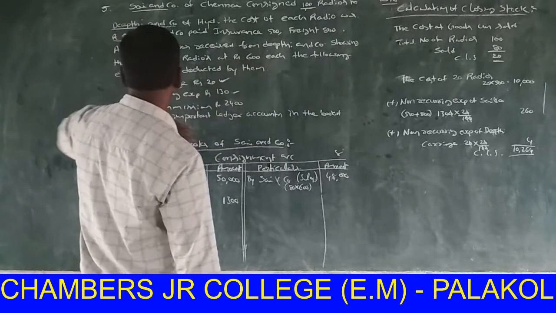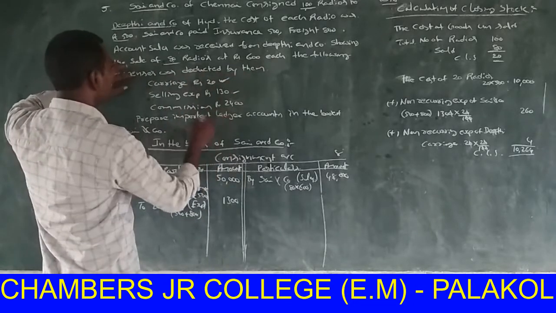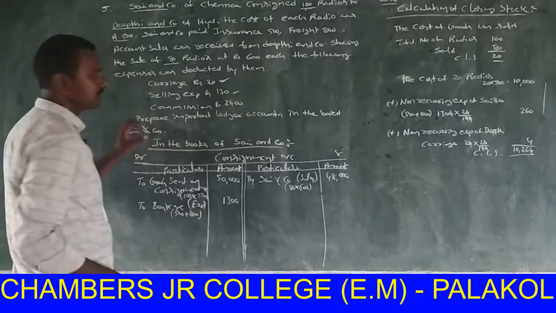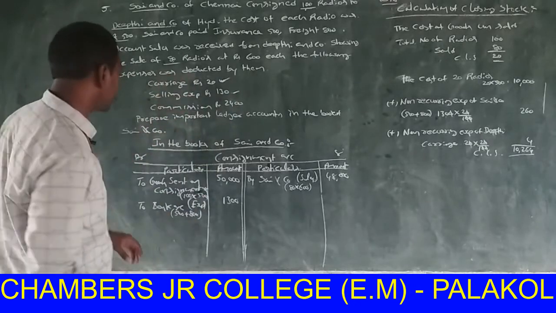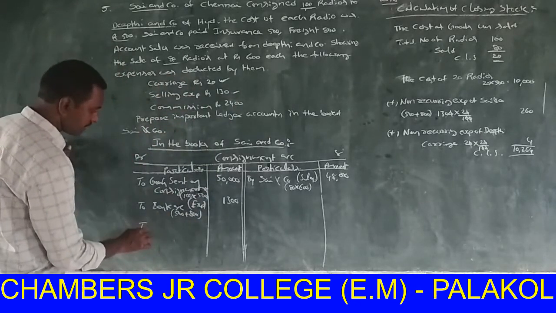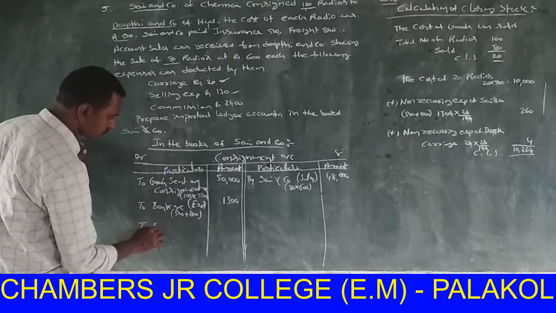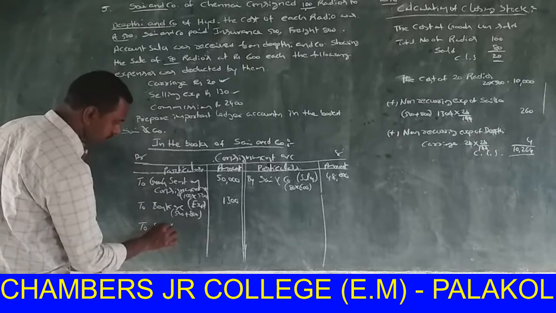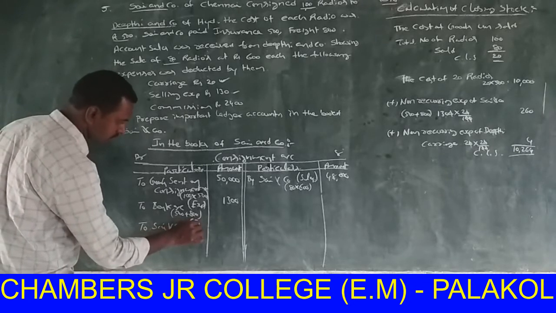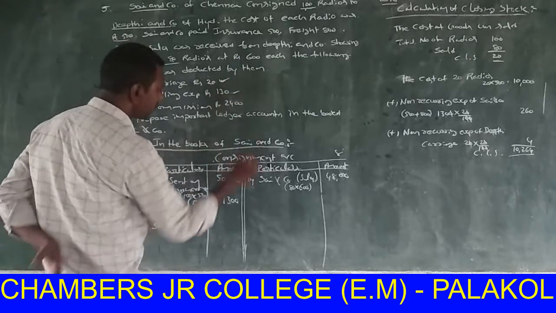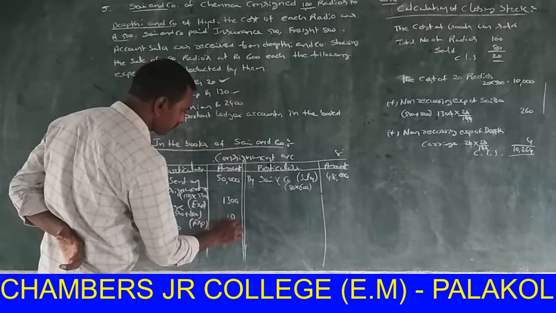48,000. Next, the following expenses were deducted by them. Carriage rupees 20 and selling expenses 130. These are the expenses of consignee. The expenses are debited in consignment account to Sai and Co. Expenses 20 plus 130, 150.